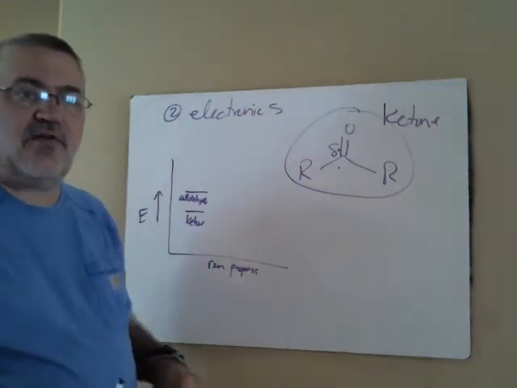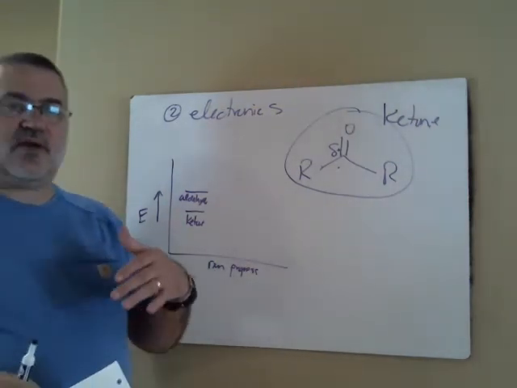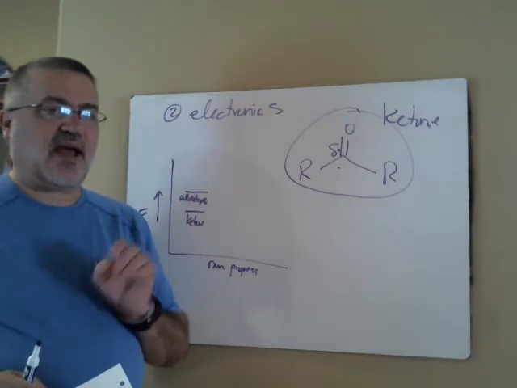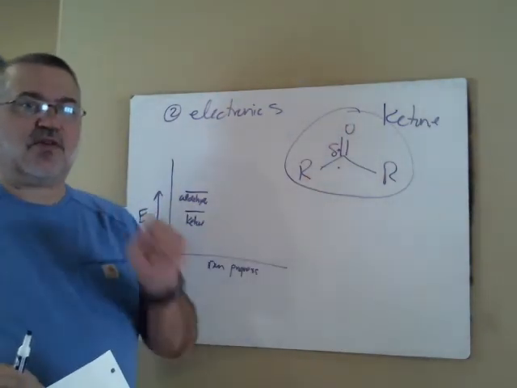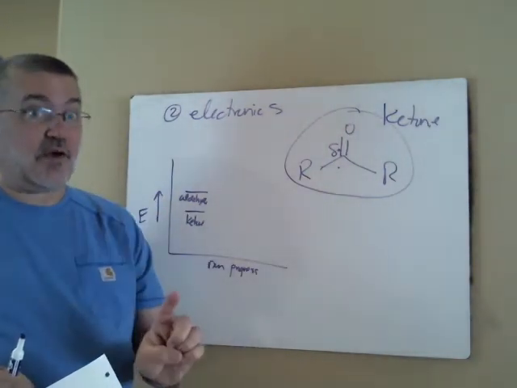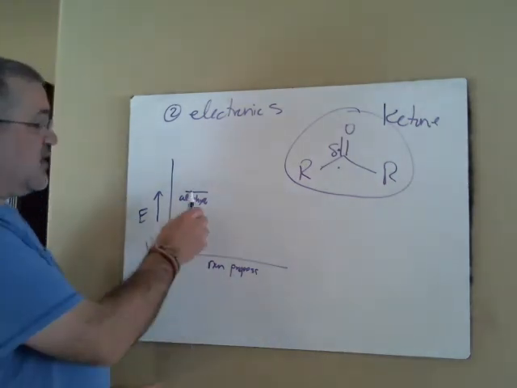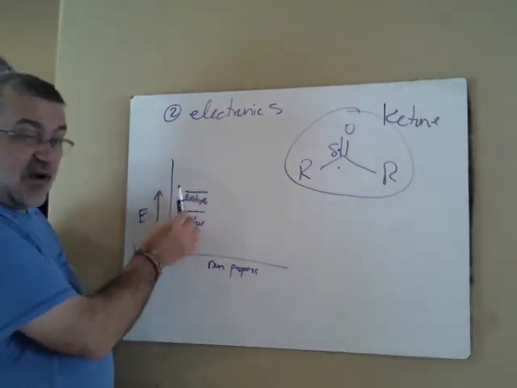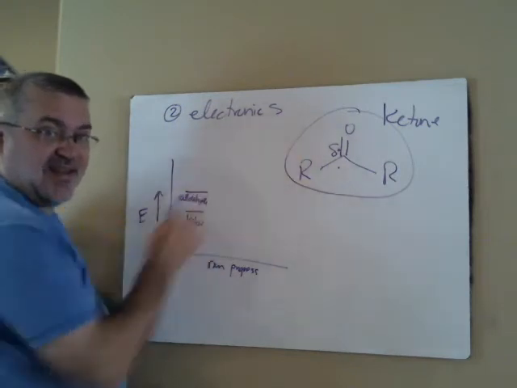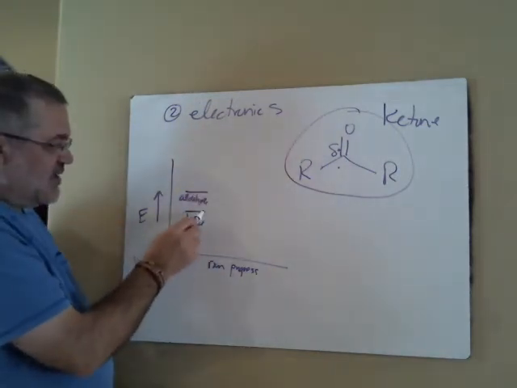Now, don't get confused if you need to review this, because we're not talking about carbocation intermediates in a reaction. We were talking about the resonance form for the starting material. And so that means we're talking about energy levels of these starting materials. Nothing to do with intermediates. We're still here at the aldehyde or ketone.